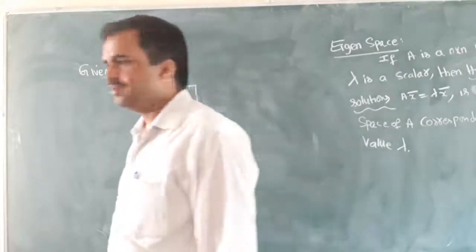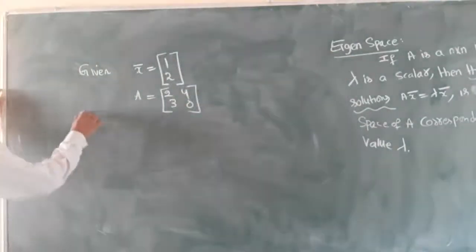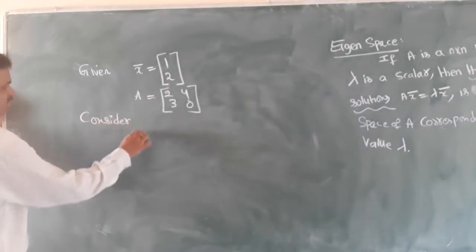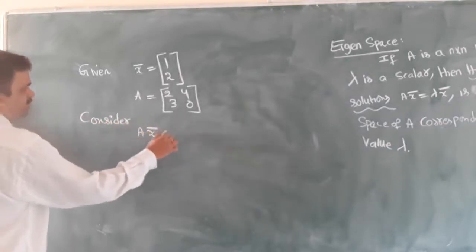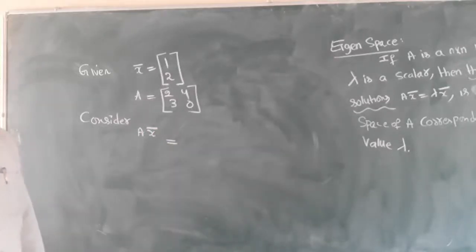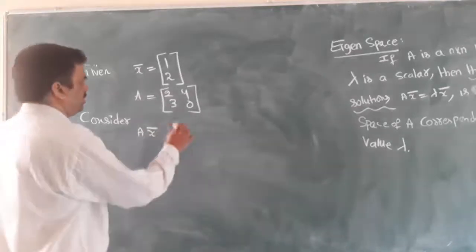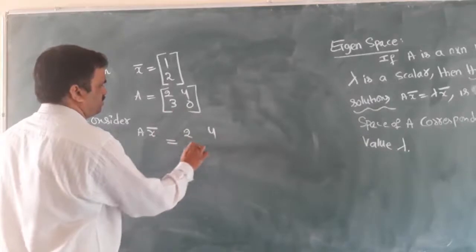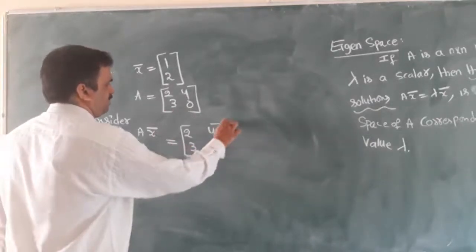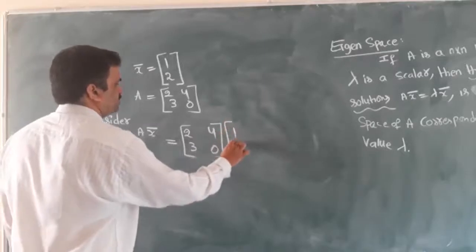Consider A x bar: matrix [2, 4; 3, 0] times x bar [1; 2].